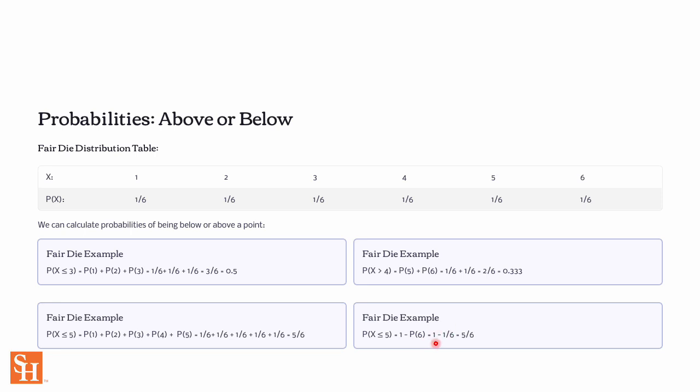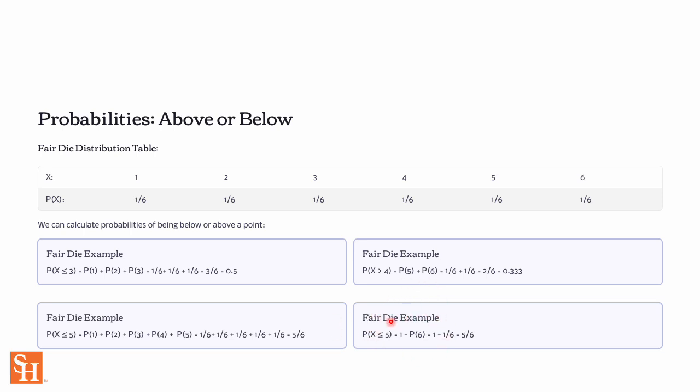Here we can see 1 minus, what is the probability that the die will show 6? 1 over 6, right? And that is the same number. We call that the complement. So at least 5 is the complement of the die showing 6, right?